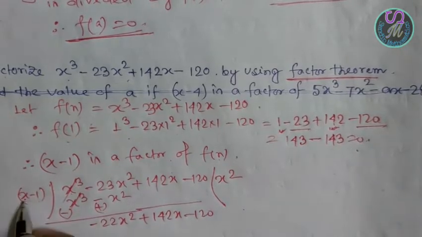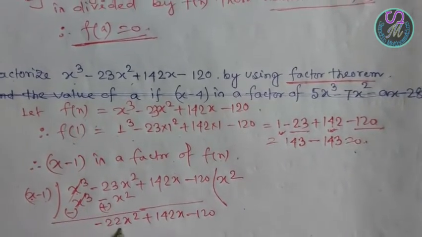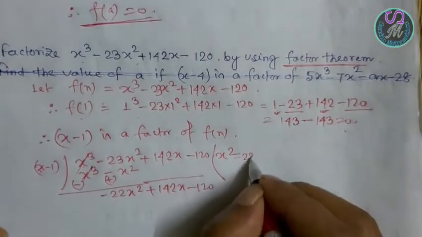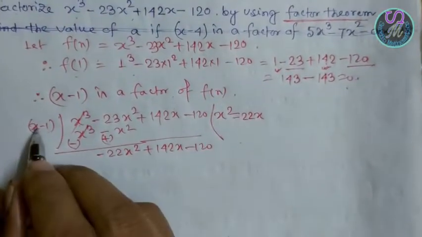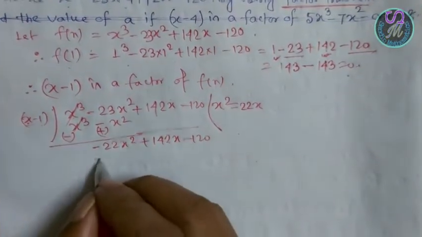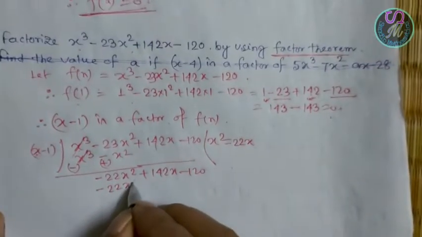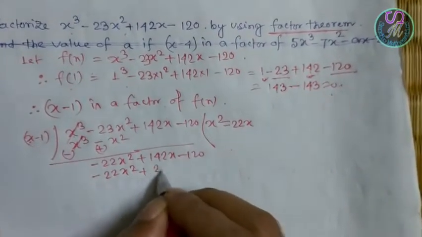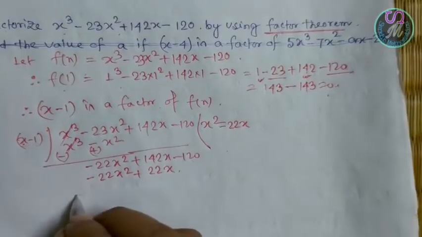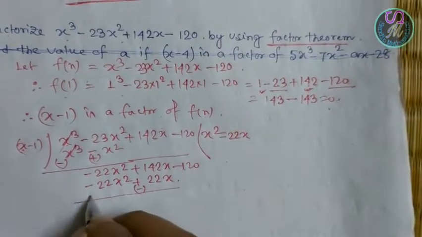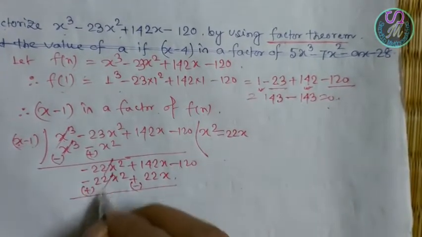Here x and here minus 22x square, so obviously we multiply x by minus 22x. This gives minus 22x square plus 22x. Again we subtract, minus and plus, cancelled.